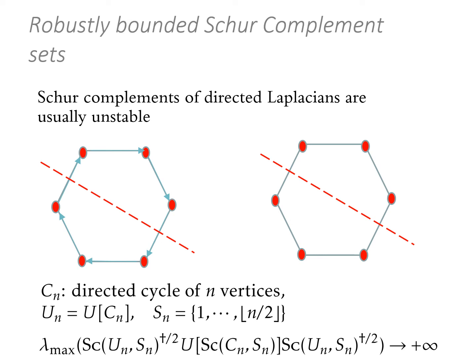By unstable, we mean the symmetrization of its Schur complement can be very different from the Schur complement of its symmetrization. Take the unit directed cycle as an example. When we eliminate a large number of successive vertices, its Schur complement is still a unit directed cycle, but with a smaller size. However, for its symmetrization, the undirected cycle, its Schur complement will have some entries being very small when we also eliminate a large number of successive vertices. So when we eliminate successive vertices in a directed cycle, the Schur complement can be very unstable.